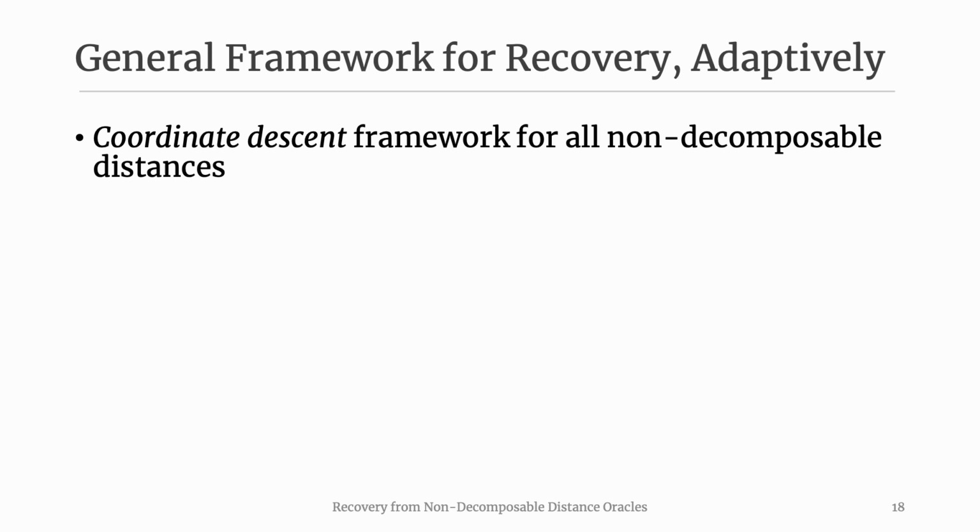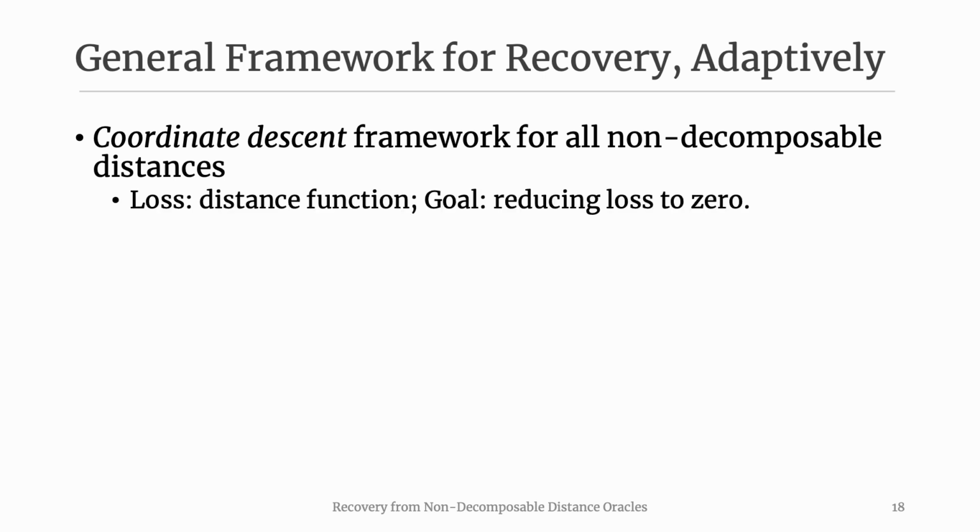What is the loss function in this framework? We can think of the loss function as a distance metric, and our goal is to reduce the loss to zero. So what we do is change the current query sequence, coordinate by coordinate, as long as we find one that decreases the loss function. And then we repeat this process until we achieve the goal and output the result.